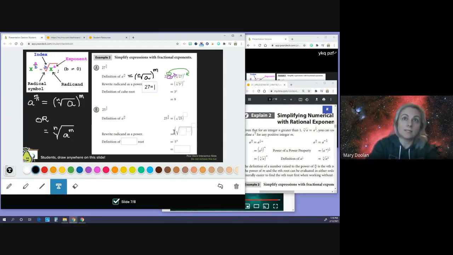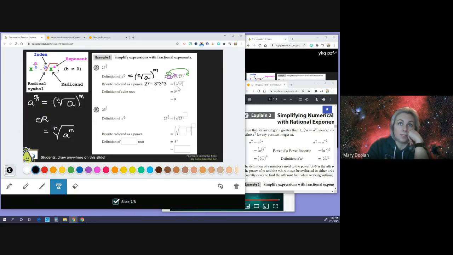And because this is a cube root, there's an index of 3, we want to rewrite 27 as a cube. And so 27 is actually equal to 3 times 3 times 3. So that is why we can take 27 and rewrite it as 3 to the third power.